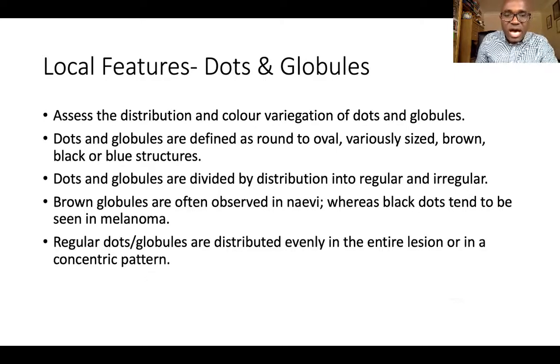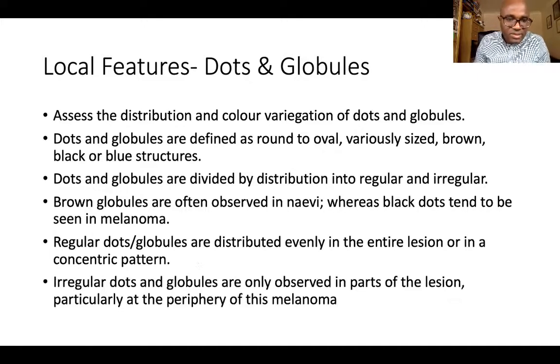Regular dots are distributed evenly in the entire lesion, or in a concentric pattern, so either localized in the middle or in the peripheries. If you observe irregular dots in part of the lesion, particularly at the peripheries, you have to think about melanoma.